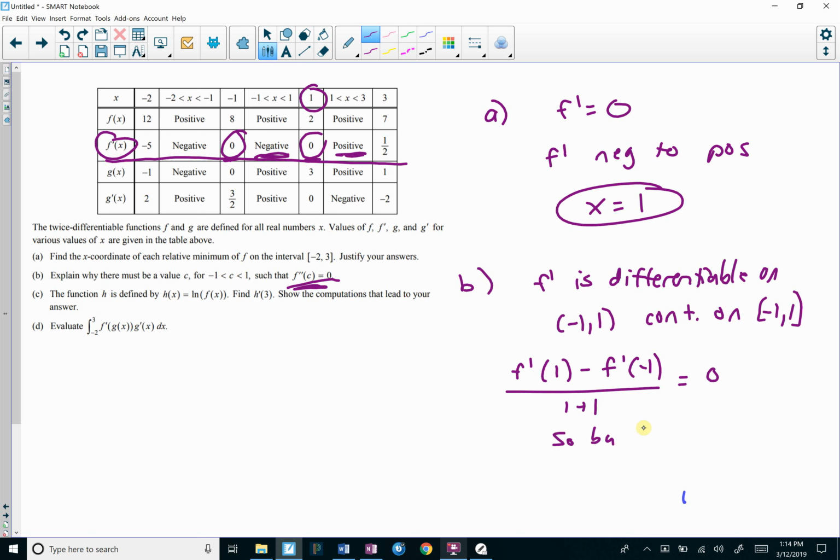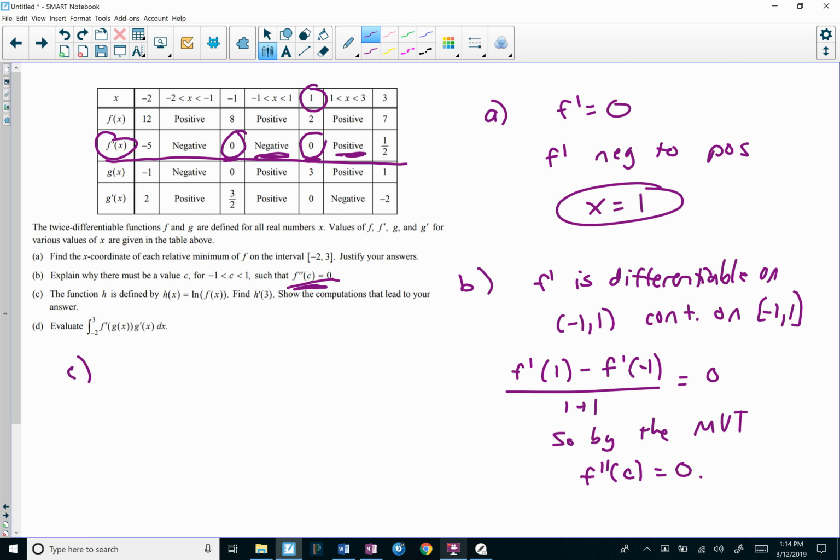So by the MVT, f prime of, what do they use, c must be 0, or f double prime of c must be 0 by the MVT. 2 points. It's kind of confusing because they use the second derivative there, but that's just an MVT question.